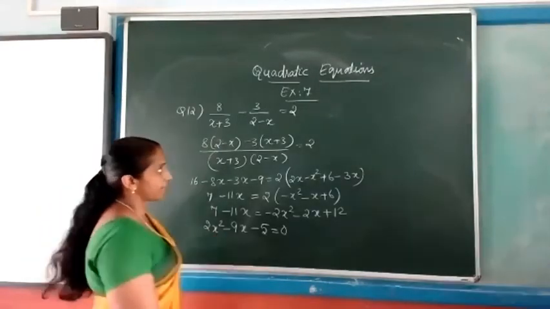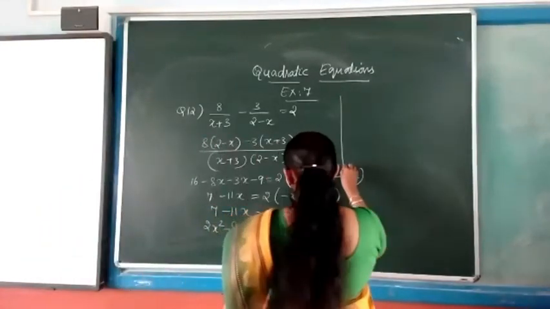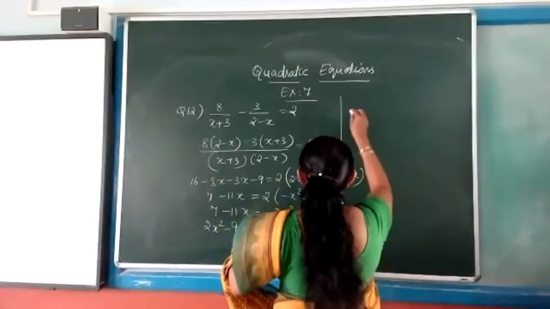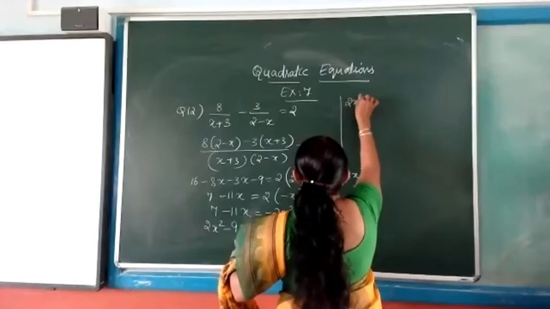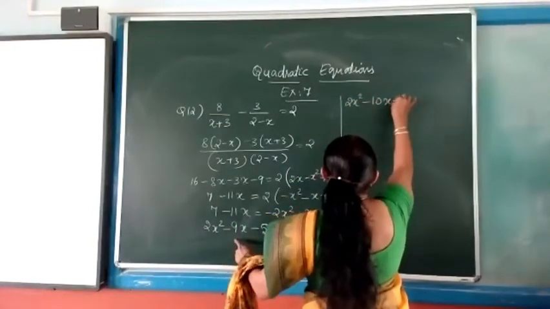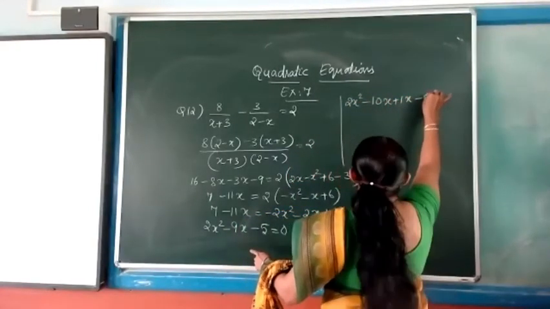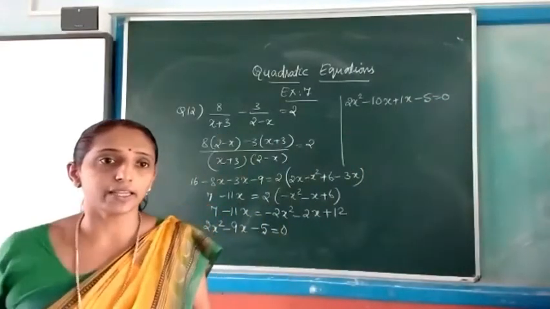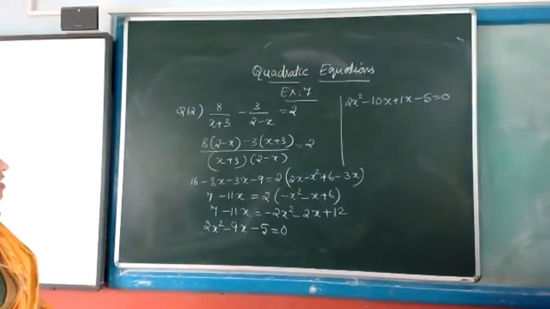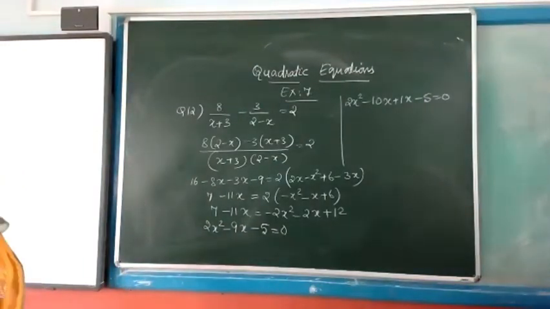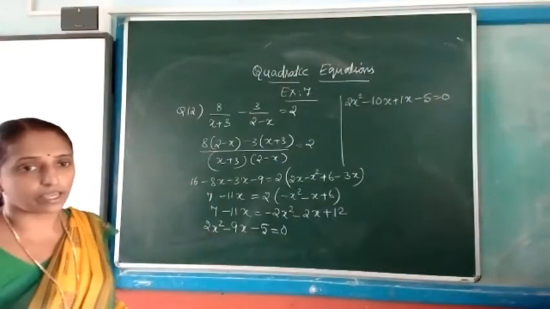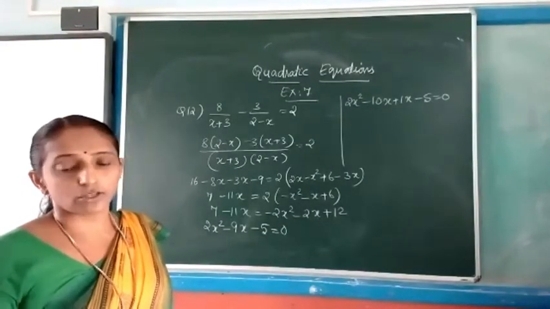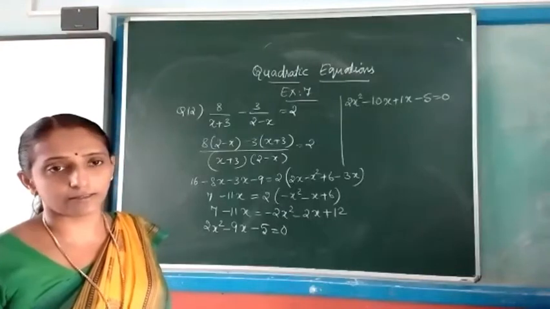Then you have to factorize this term. Sum will be minus 9, product will be minus 10. Numbers will be minus 10x plus 1x. Factorize it, simplify it, you will be getting the value of x from there, and then you can take that two values are the solution for x.